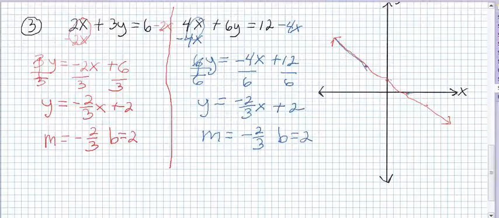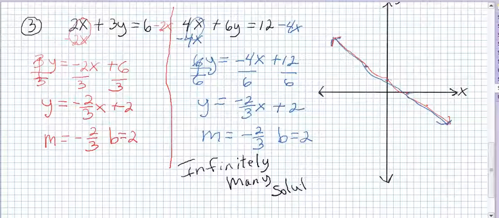So this blue line is exactly the same, whoop, another crooked line, exactly the same as the red line. So this one is going to be what we call infinitely many solutions. So every single point on this line is going to make both of these equations true. Alright, so now you can go ahead and do your work in this section.